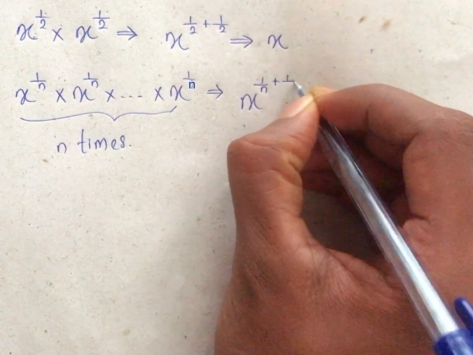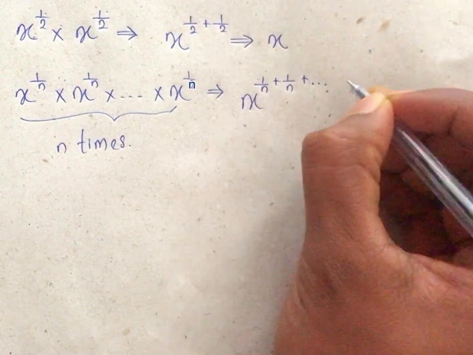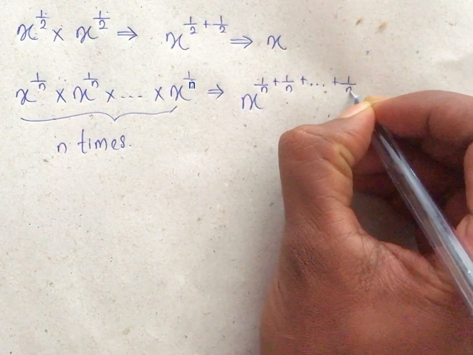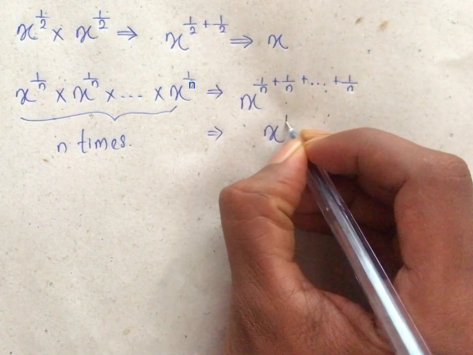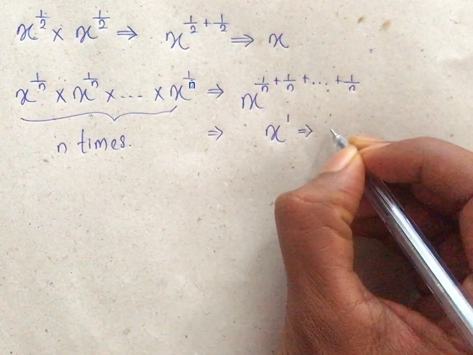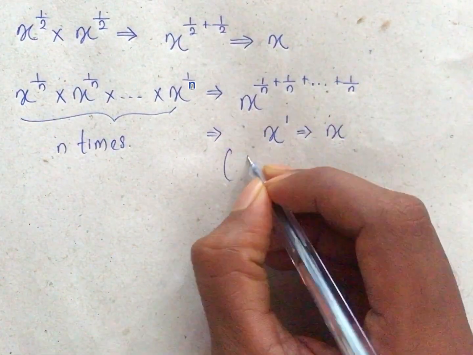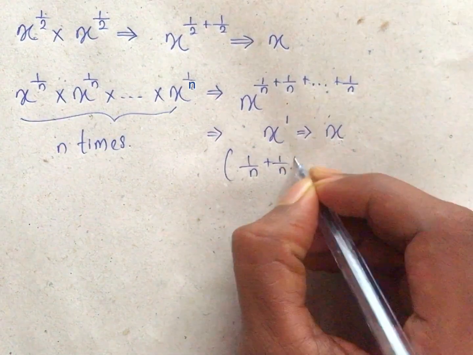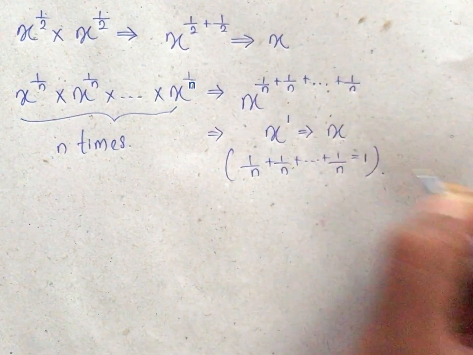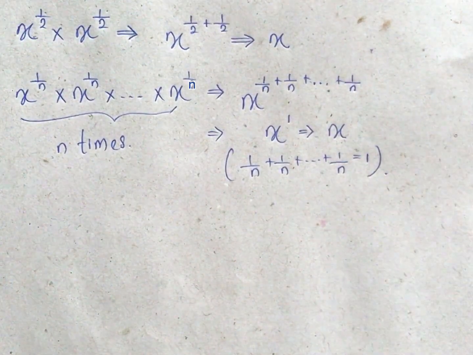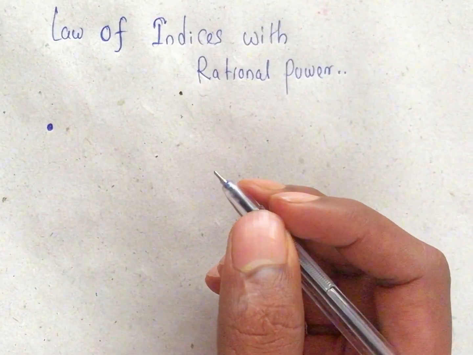If you multiply n times the power of 1 over n with the same base, then you can add all the 1 over n fractions, then you get x to the power 1 also, it is x. It is because the addition of n times 1 over n is equal to 1.